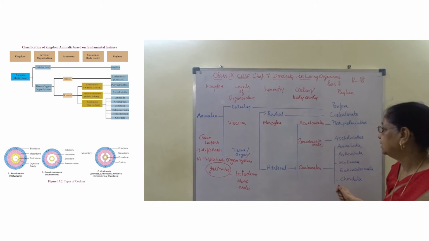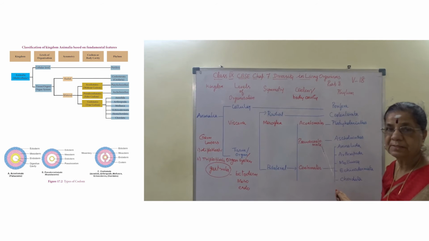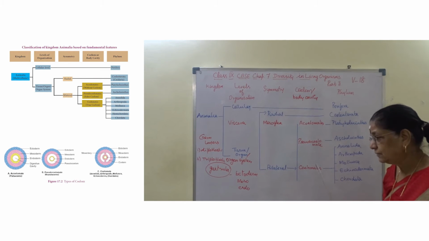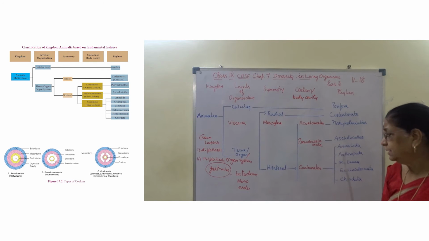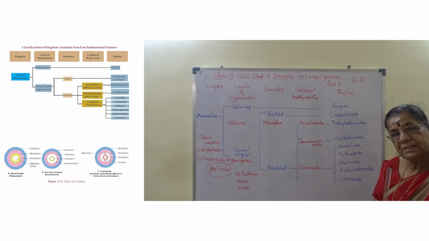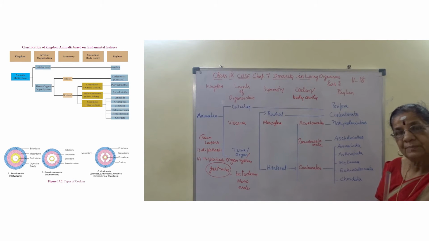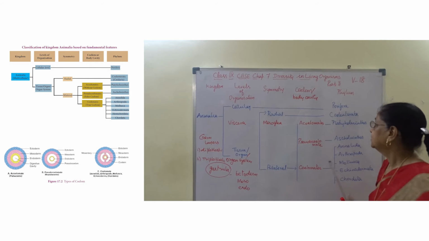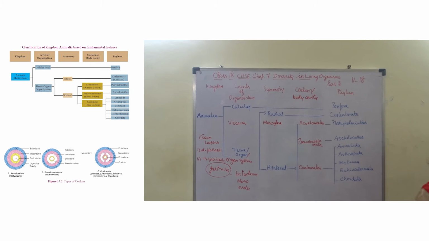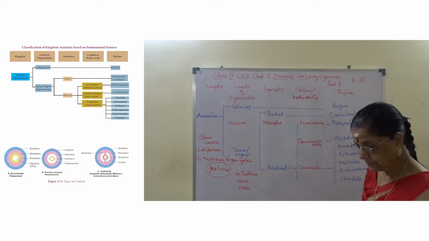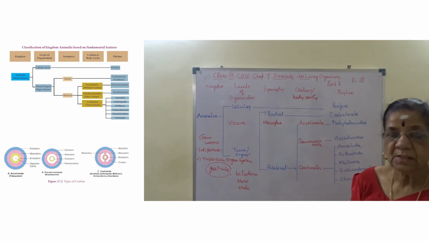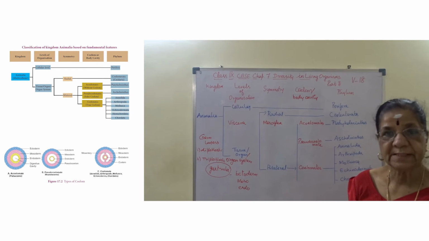And then, where a well-formed coelom is present, they are coelomic animals. I hope you understand. So based on the presence of body cavity, animals are classified into coelomic, pseudocoelomic, and acoelomic animals.